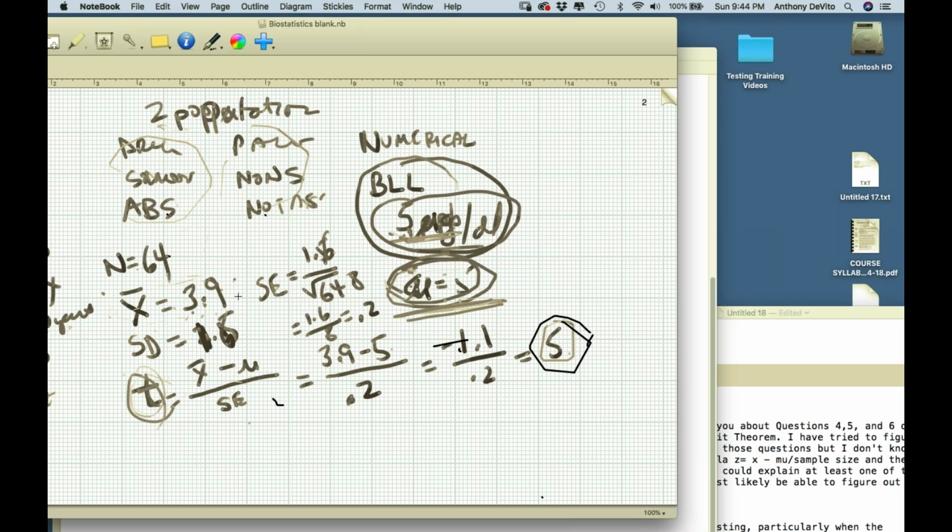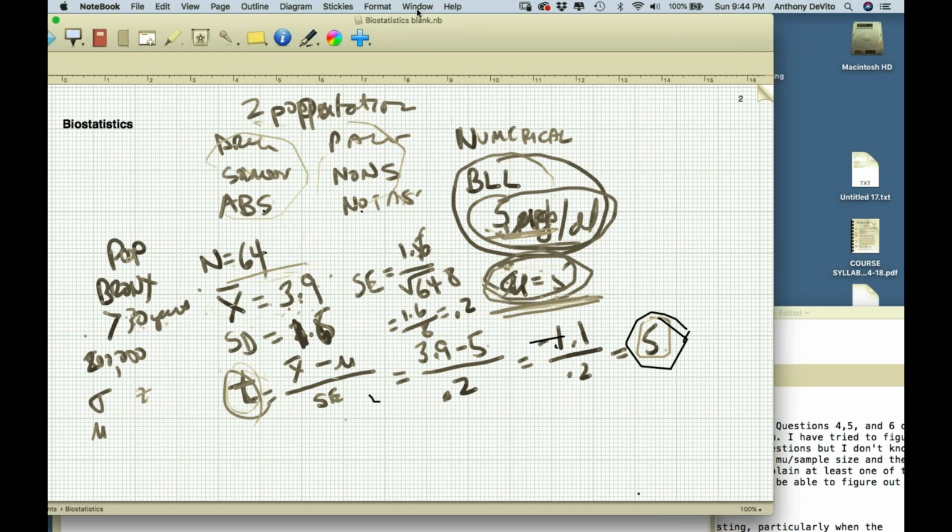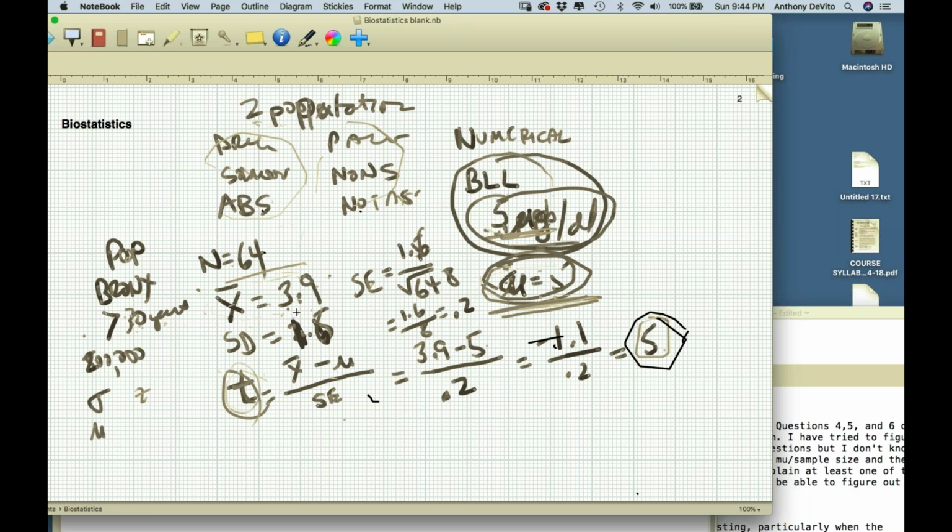So I can say that I'm 95% certain that the children in the Bronx have an average blood lead level overall, if I tested everybody in the Bronx, of less than 5. I'm 95% sure that that's true. Okay, so that's interesting, right?